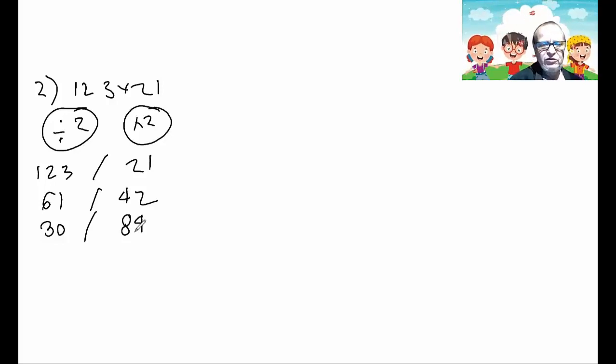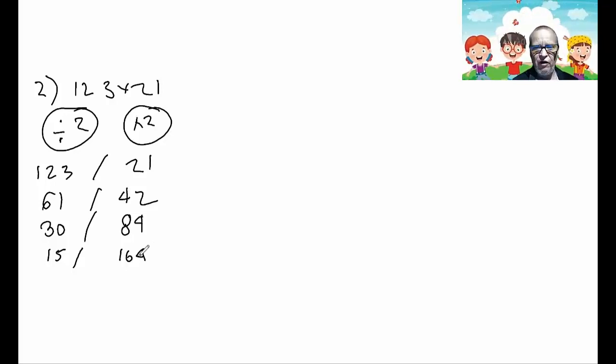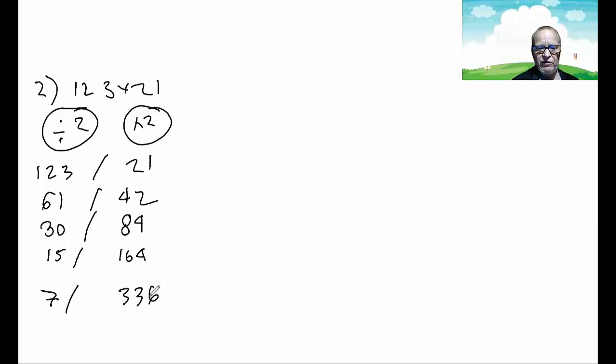30 I divide by 2, I get 15. And I'm going to double 84 and I get 168. And then 15 I'm going to divide by 2 and throw away the remainder, so I get 7. And I'm going to double 168 and I get 336. 7 I'm going to divide by 2 and throw away the remainder, so I get 3.